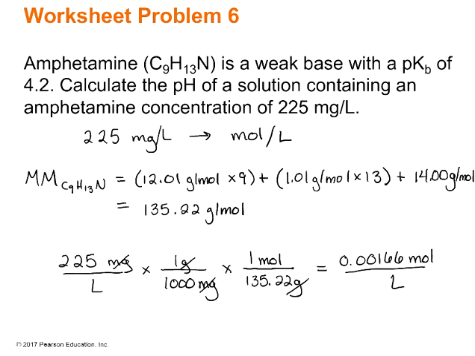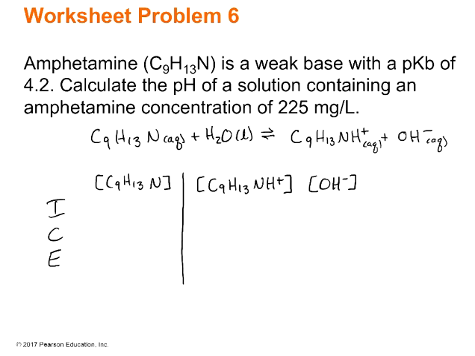Okay, so now we can go back and put this value into our ICE table. That's our initial concentration in terms of moles per liter. And remember, we do need this in moles per liter because later on we're going to calculate the pH, and that really does depend on molarity.